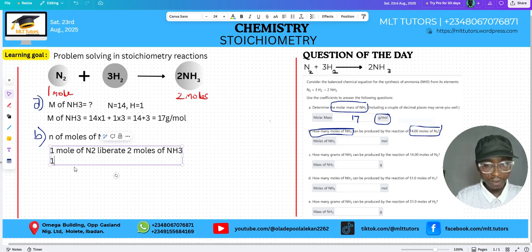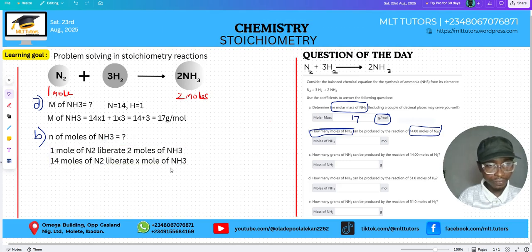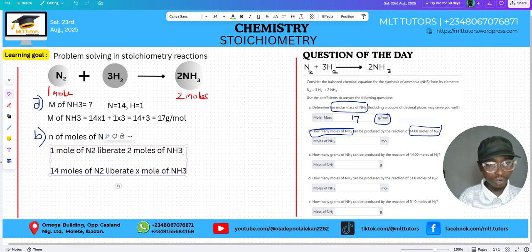So 14 moles of nitrogen now liberate X moles of ammonia. Okay, that's good. The next thing we need to do is to cross multiply.